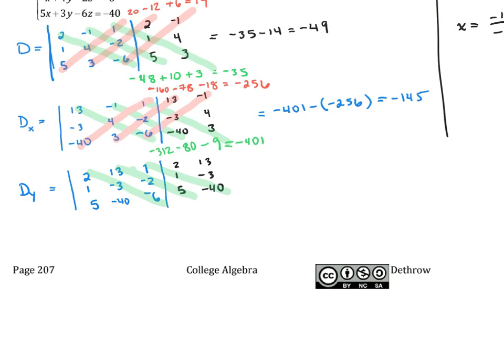So 2 times negative 3 times negative 6 gives us 36. 13 times negative 2 times 5 is going to be minus 130. And then we have minus 40. Let's go up. Five times negative 3 times 1 is negative 15.